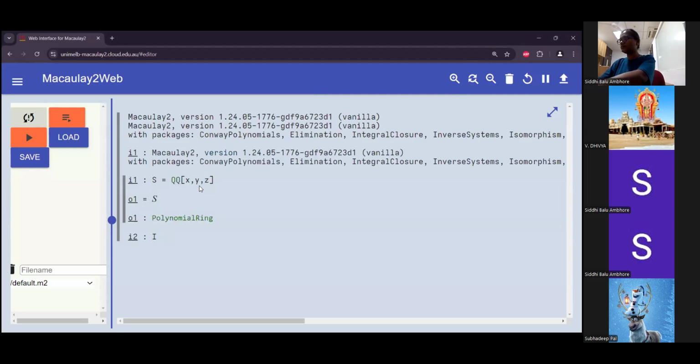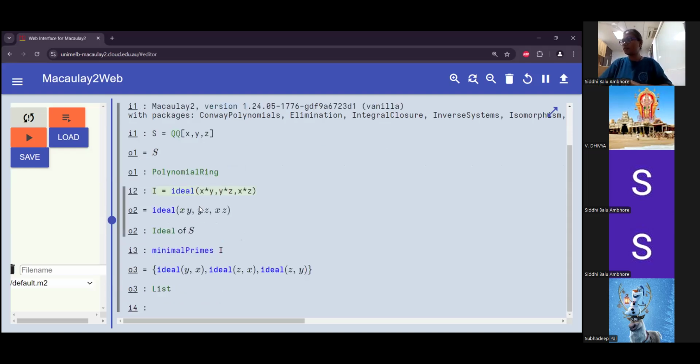And I am generating this ideal, x*y, y*z, and x*z. And this is the code for minimal primes of I. And it gives me exactly these three ideals. Okay, and you can try this for any ideal.